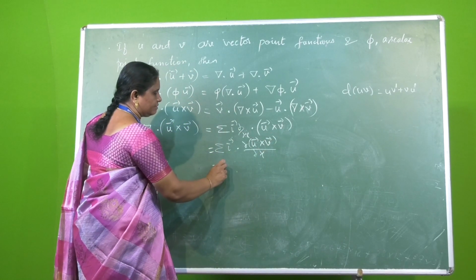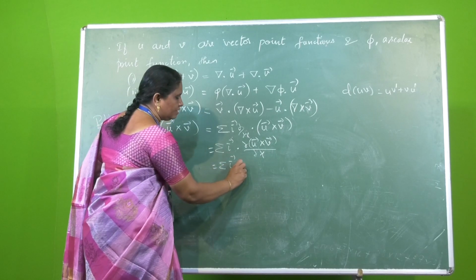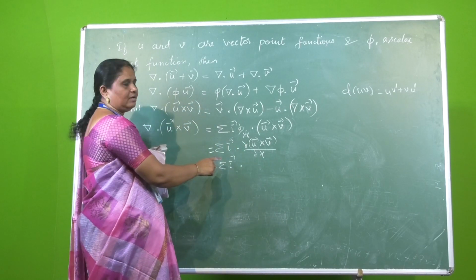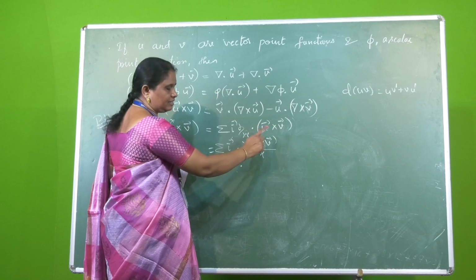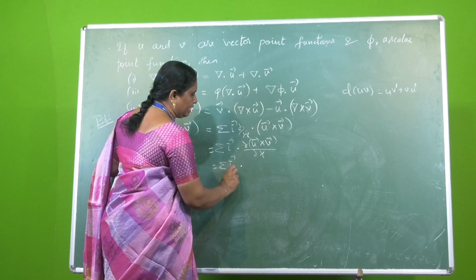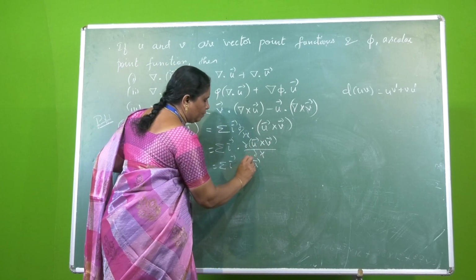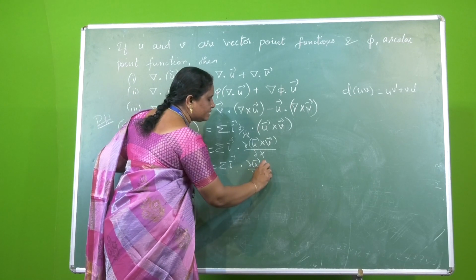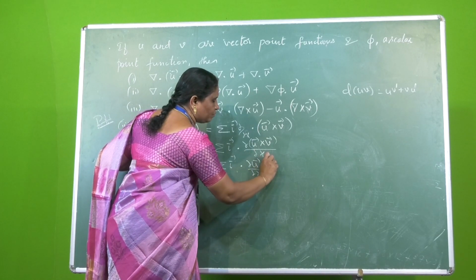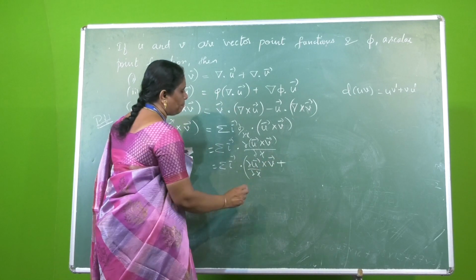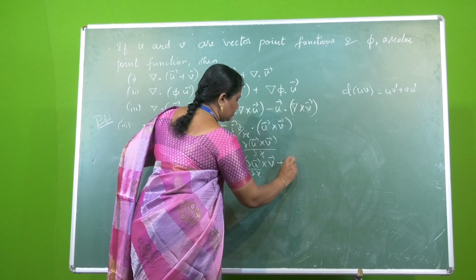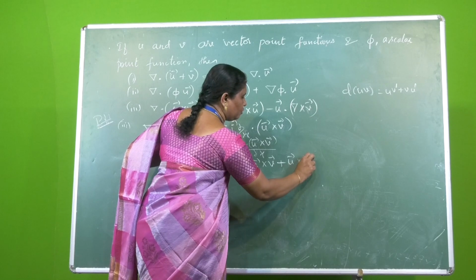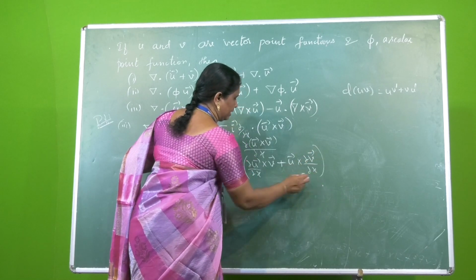Okay. Next summation i vector dot, now we are differentiating this u vector cross v vector. So we get dou u vector by dou x cross v vector plus u vector cross dou v vector by dou x.